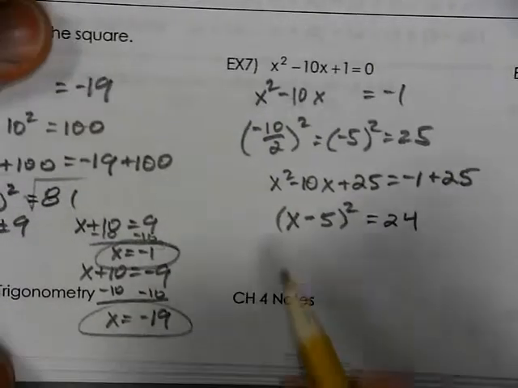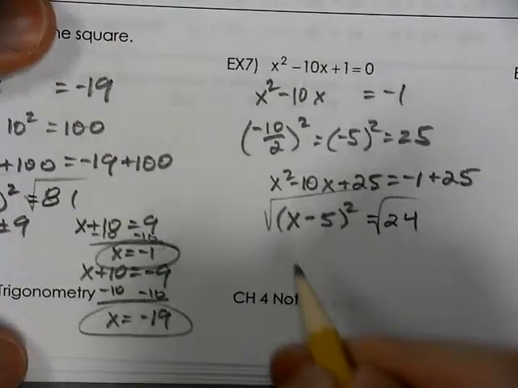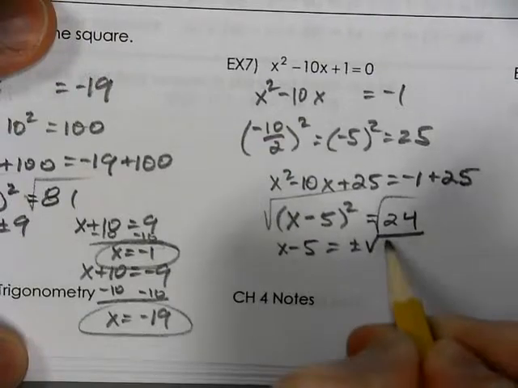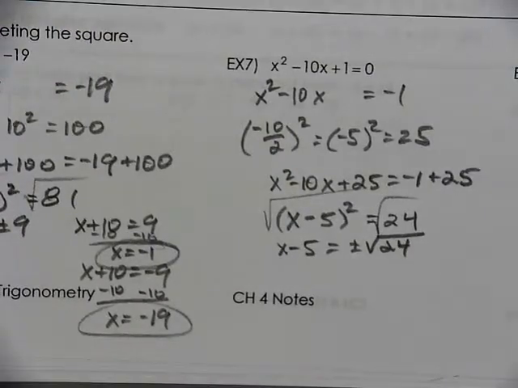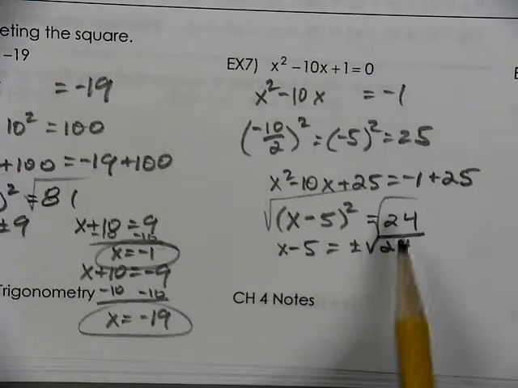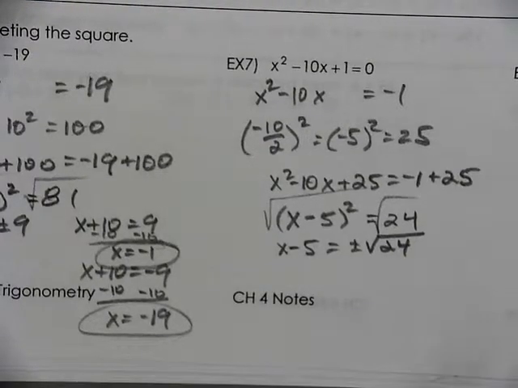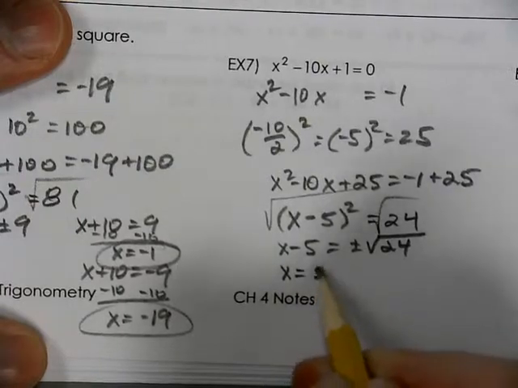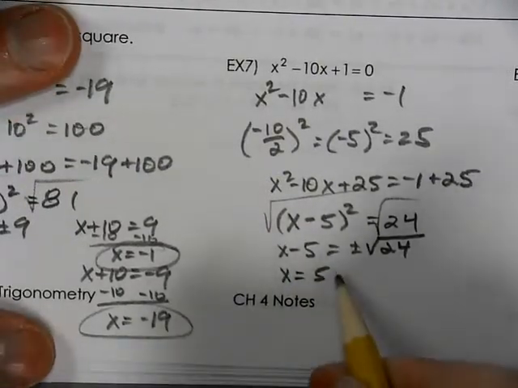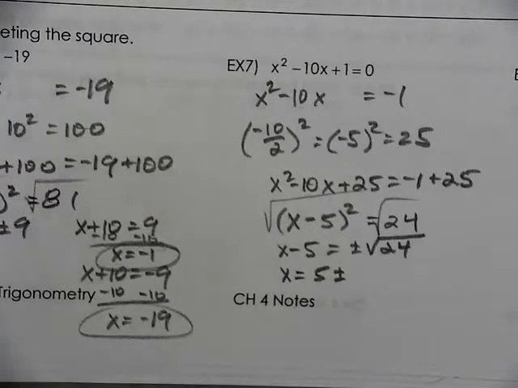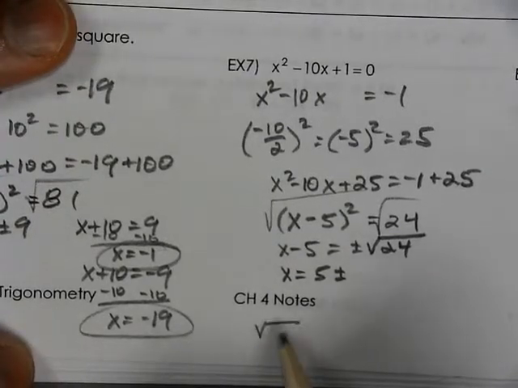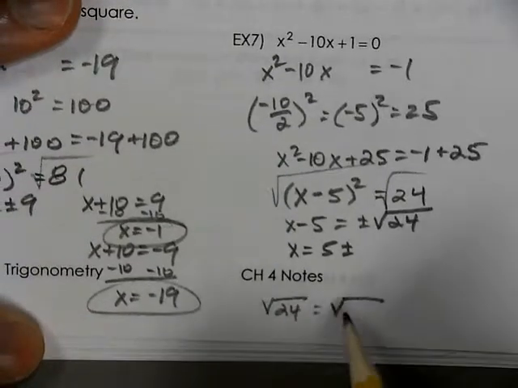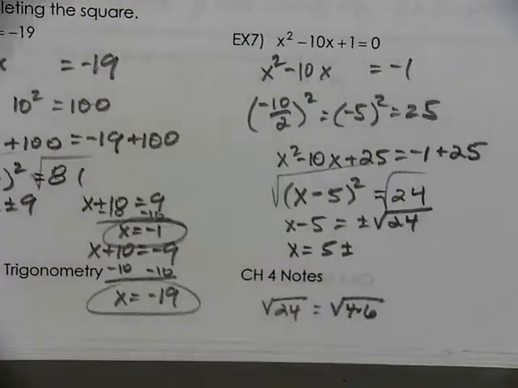Now if we're solving for x, we would take the square root of both sides. So we have plus or minus the square root. You've got to include your plus or minus. We're going to add 5 to the other side. Then you have plus or minus. When you take the square root of 24, that is 4 times 6.